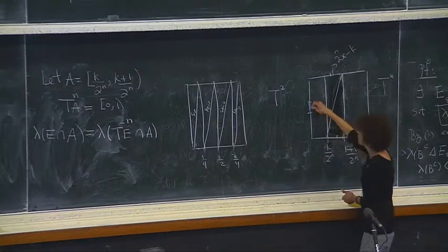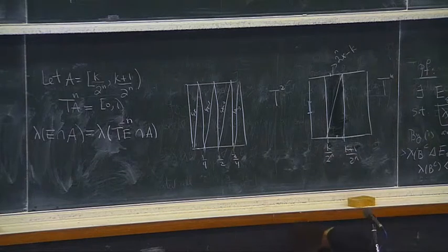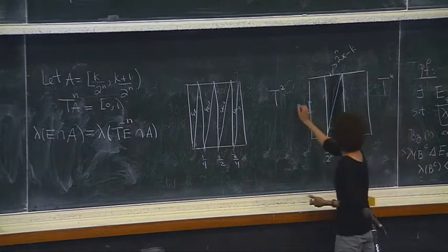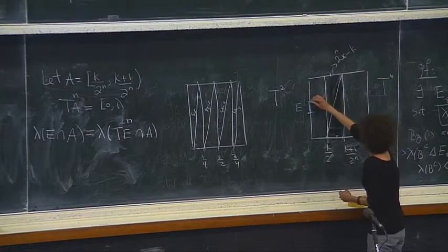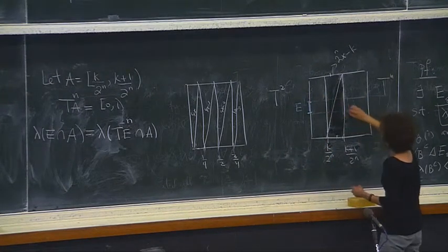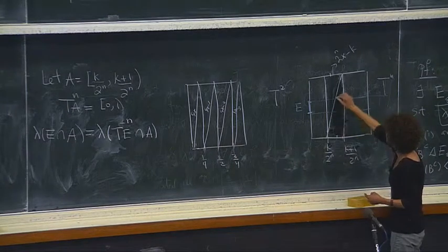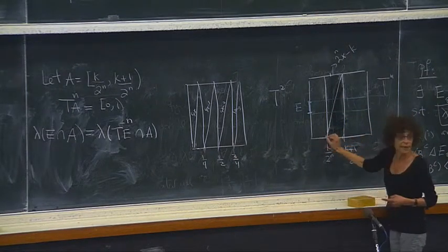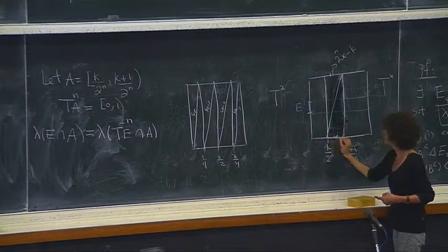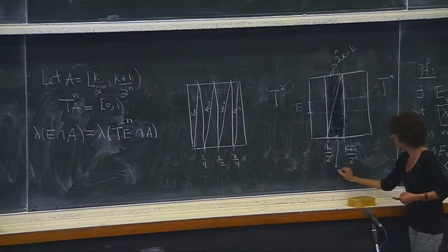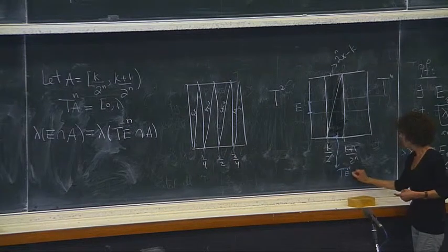It's not an interval, but let's make it look like one. When I look at T minus n of E, I get inverse images in every dyadic interval, but I'm only interested in the part that is here. So this part is T minus n of E intersection A.